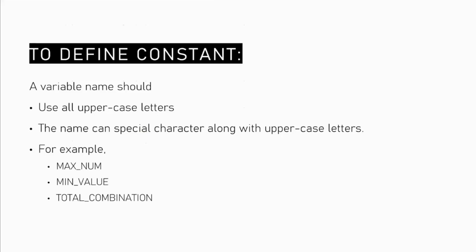So it is suggested to use all uppercase letters when you are specifying a variable as constant. I have listed a few examples for you, like MAX_NUM, MIN_VALUE, TOTAL_COMBINATION. Like this you can have a set of values.